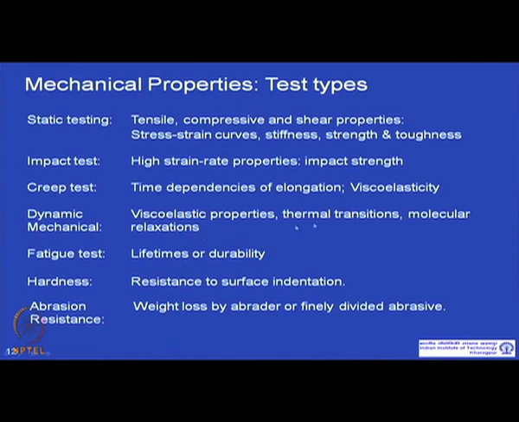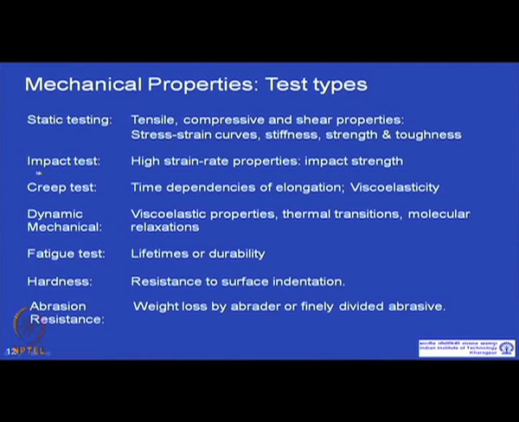What these tests mean is written here; you can just read it. The fatigue test is for determining lifetime or durability. Hardness is the resistance to surface indentation. Abrasion resistance is the weight loss caused by an abrader or finely divided abrasive particles.